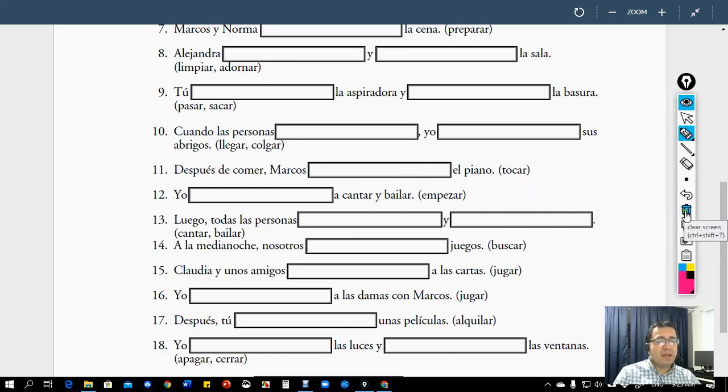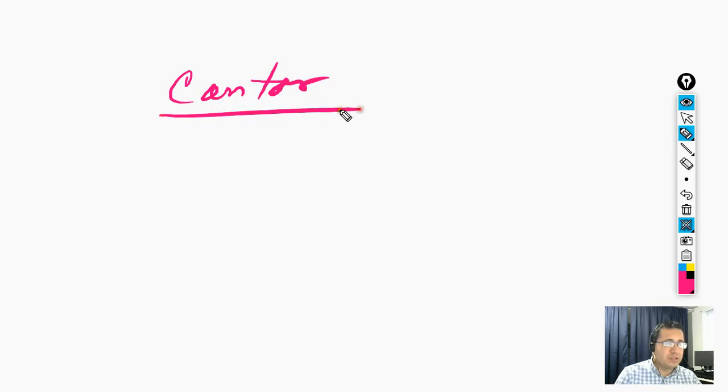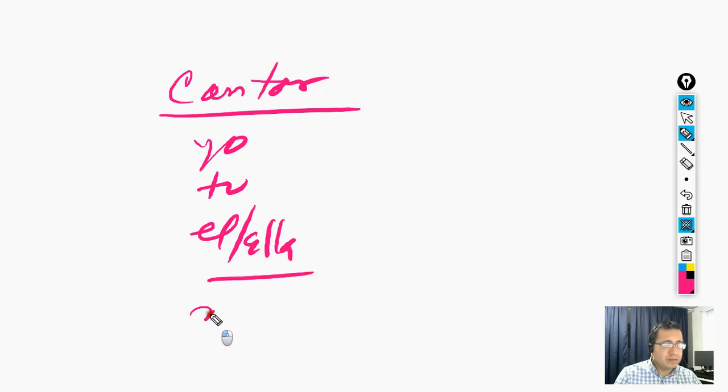So I'm going to use probably cantar as an example. So we are here and we use cantar, which is to sing. So yo, tú, él, ella, nosotros, ustedes, ellos.